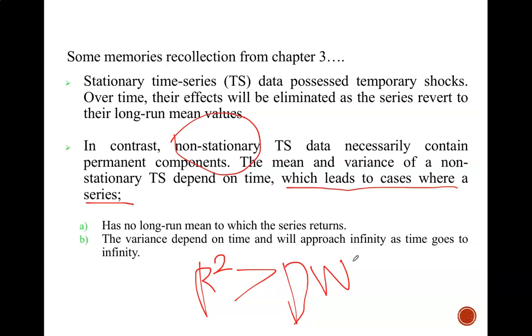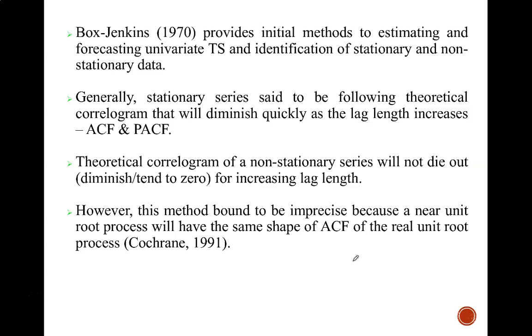Right, so the idea where the series is non-stationary means that there is no long run mean to which the series returns. The variance depends on time and will approach infinity as time goes to infinity. So that's the basic condition. Initially you have the ACF, PACF, or Box Jenkins to identify stationary and non-stationary series, from the correlogram kind of analysis.